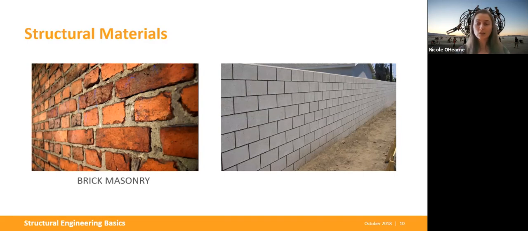But brick is a lot like concrete and it doesn't have that tensile capacity. So if you can add steel to it, you make it better. But usually, if we are building with masonry, we build with the stuff on the right, which is called concrete masonry unit. And there are gaps in those units that you can fill with steel and grout to make it stronger.